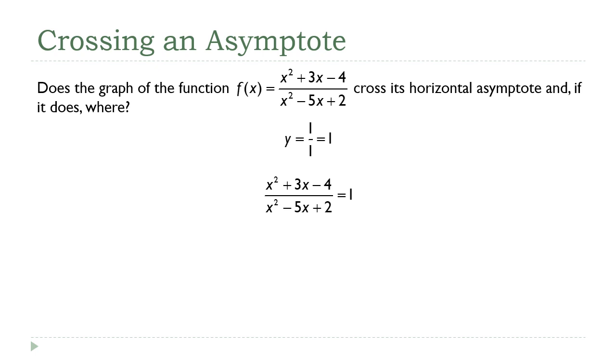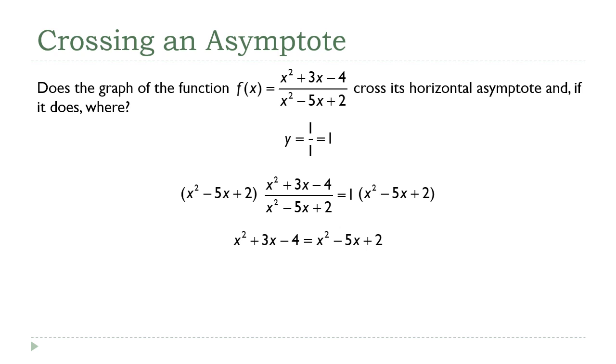So what I'm going to do here is I'm just going to eliminate the denominator. I'm going to multiply both sides of this thing by x squared minus 5x plus 2. That's going to cancel the denominator on the left-hand side, so the fraction is going to go away. And all we're left with is x squared plus 3x minus 4 equals x squared minus 5x plus 2. Whole lot simpler. Turns out it's even simpler than it might have looked at first, because those two x squareds are going to cancel each other.